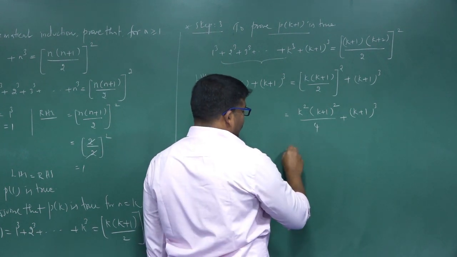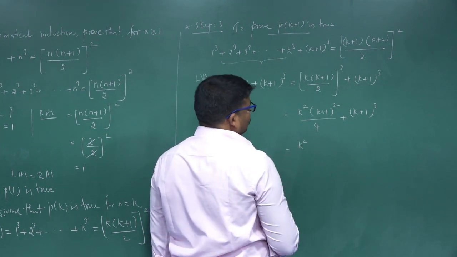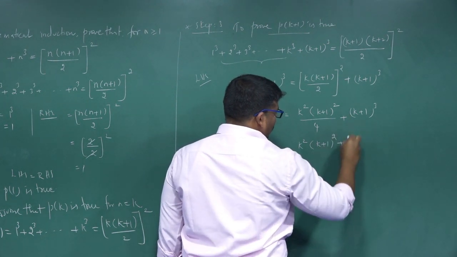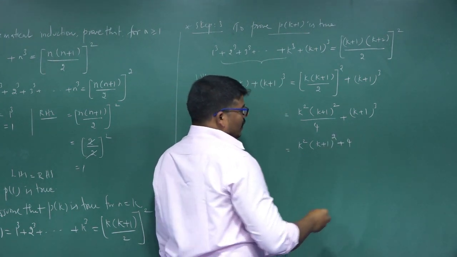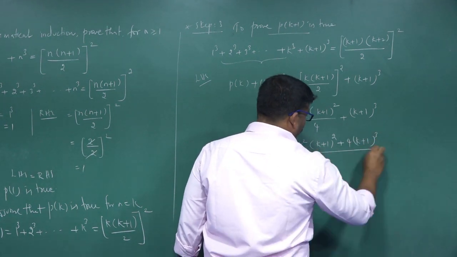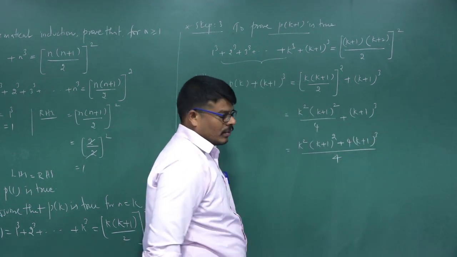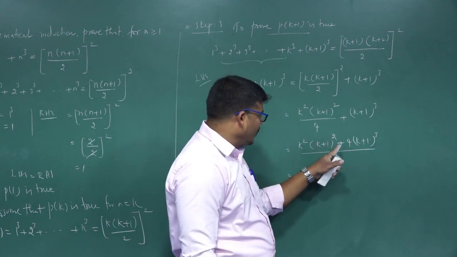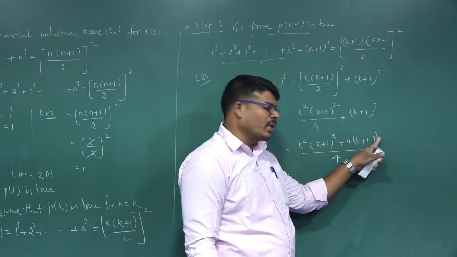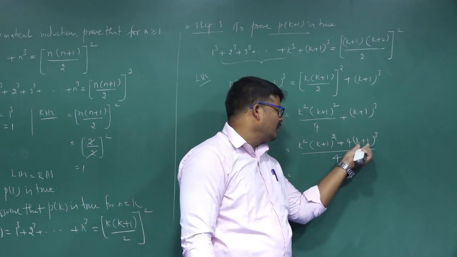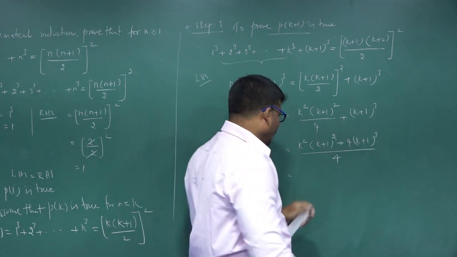Now cross multiply, take LCM. k square into k plus 1 whole square plus, cross multiplying, 4 times k plus 1 whole cube, by 4. That is equal to k square into k plus 1 whole square plus 4 times k plus 1 whole cube. This k plus 1 whole square is common, taking outside.